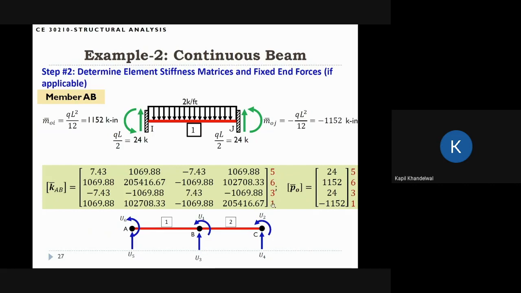This is very important. And the same ordering, 5, 6, 3, 1, stays here for the P0. Once you get the ordering for the stiffness, the same ordering goes for the P0. So it's important to get the ordering right. Two things: get the ordering right and use the consistent unit system.